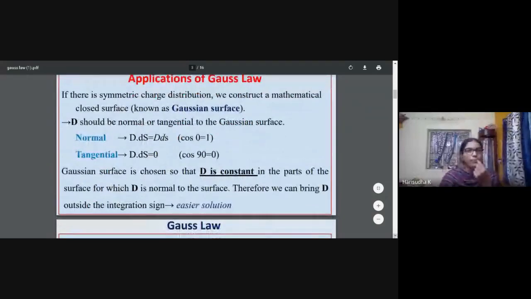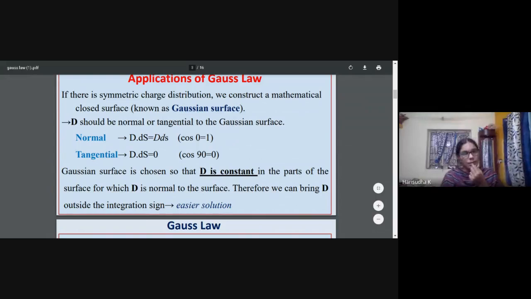For normal, D dot ds will be equal to D ds, where cos 0 is equal to 1. Whereas for tangential, it is cos 90, which is 0, so D dot ds is equal to 0. The Gaussian surface is chosen so that the electric flux density is constant over the parts of the surface for which D is normal to the surface.